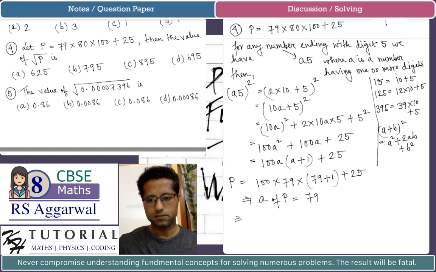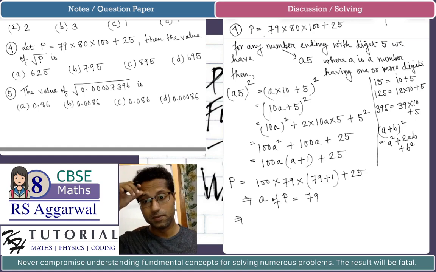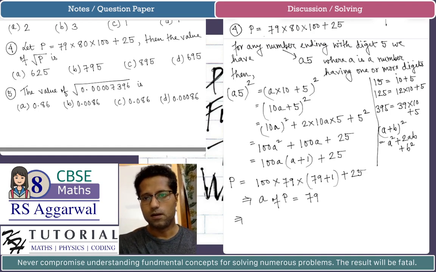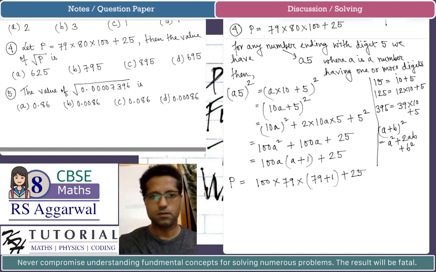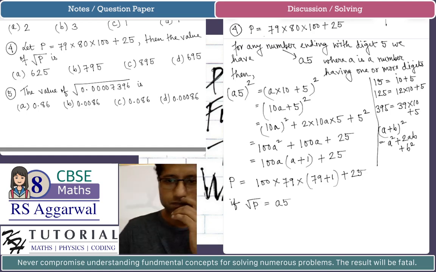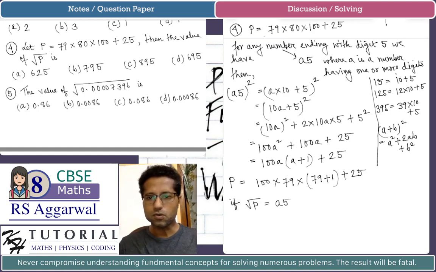Now we have to find the square root of p. So the square root of p is equal to A5.